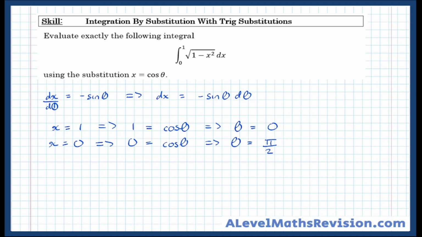So now let's try and write the whole integral in terms of theta. It becomes the integral, and the upper limit now is 0, and the lower limit is pi over 2. Again, something strange has happened. We've always been used to the highest number being on the top and the lowest number on the bottom, but that's not the case here. But we must make sure that the limit that corresponds to 1, i.e. 0, goes on the top, and the limit that corresponds to 0, i.e. pi over 2, goes on the bottom.